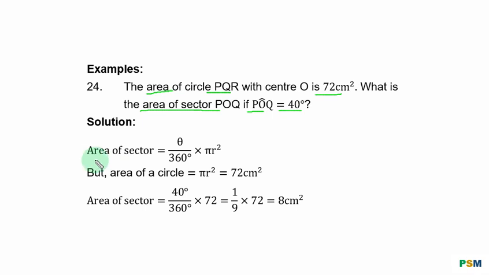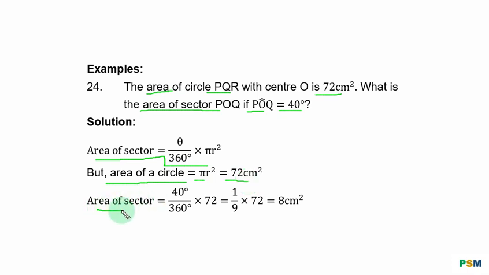Solution: area of sector is given by this formula, but area of a circle is equal to pi r squared, given as 72 square centimeters.